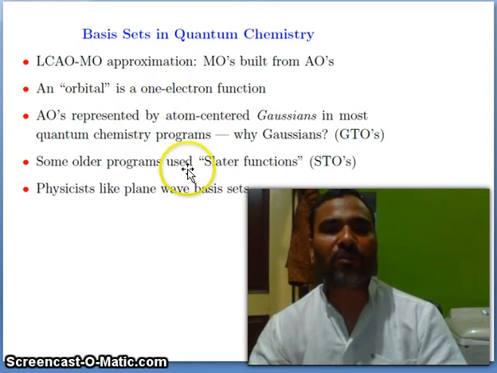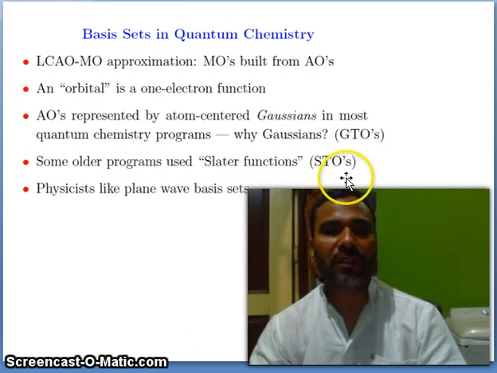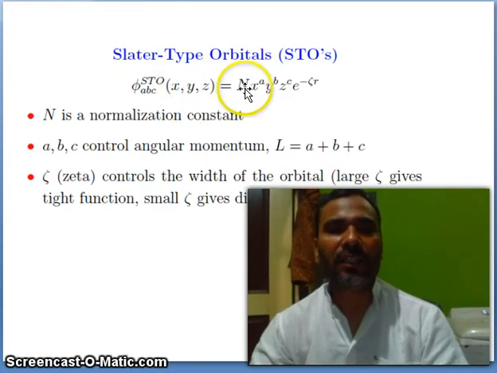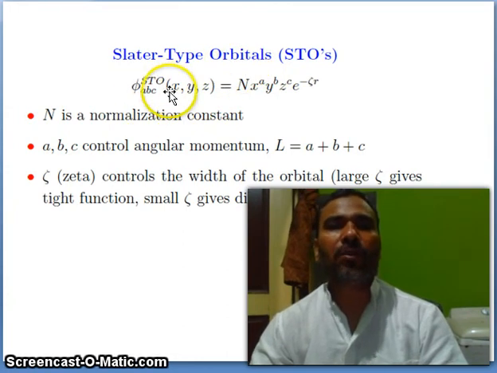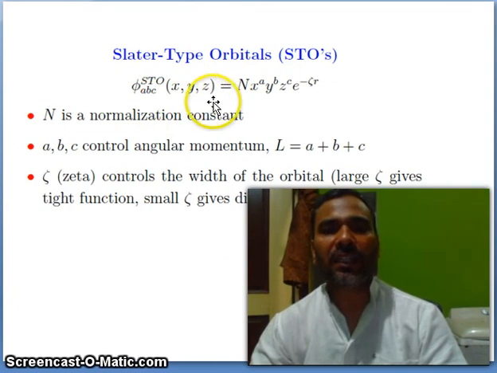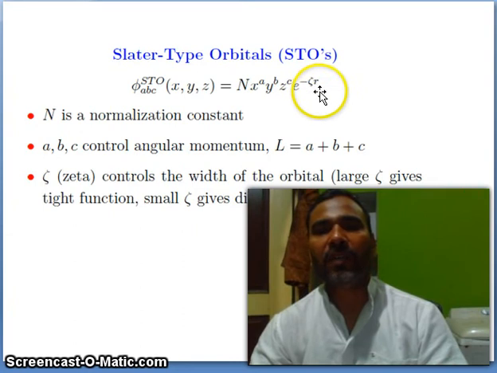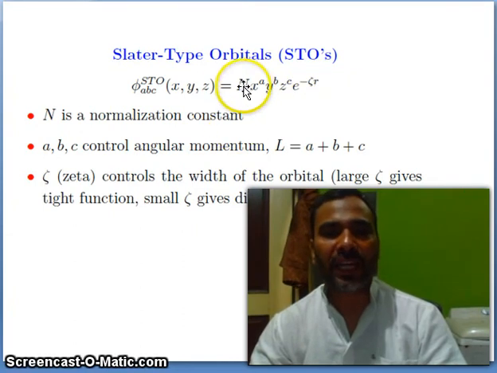Some older programs use Slater functions, known as STOs. Physicists like plane wave basis sets. So this is the formula of Slater type orbitals. This is also an orbital, a chemistry orbital. phi STO ABC (x, y, z) = N x^a y^b z^c e^(-zeta r), where N is a normalization constant.